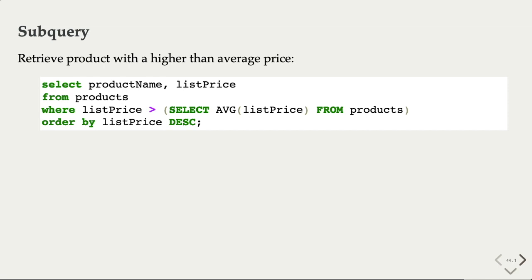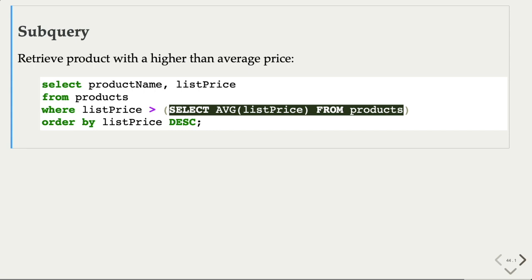Subquery. Again, this is something that can be really powerful and can be really complex, but I'm just giving you one example here where you want to retrieve a product based on another query. For example, you use a select query on the products table to find the average price.